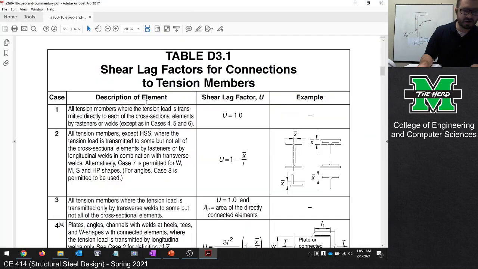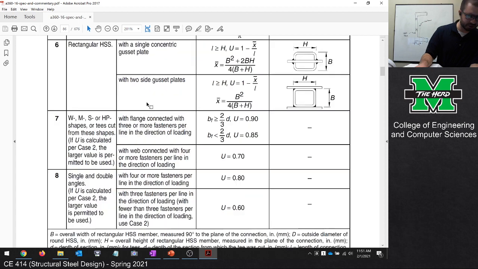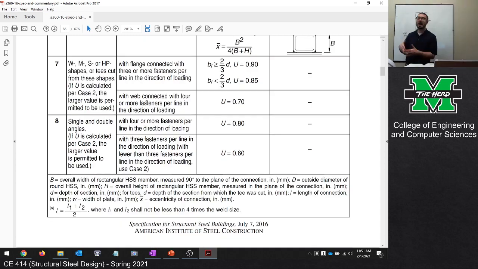Now, if you go to table D3.1 and specifically go to Case 8, Case 8 states that for single and double angles, we also have another case. But if you read this carefully, it says if U is calculated per Case 2, the larger value is permitted to be used. So in this instance, we actually have two different shear lag factors, not only U2, but U8.